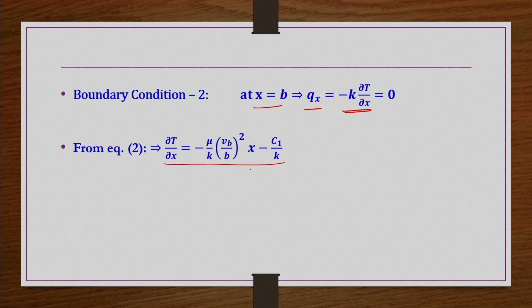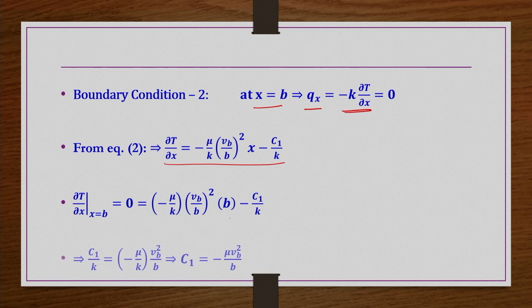Now we substitute x equal to b and equate the left hand side term to 0. Then we have 0 is equal to minus mu by k Vb by b whole square b minus C1 by k. So, C1 by k is equal to minus mu by k Vb square by b. So, C1 is equal to minus mu Vb square by b.